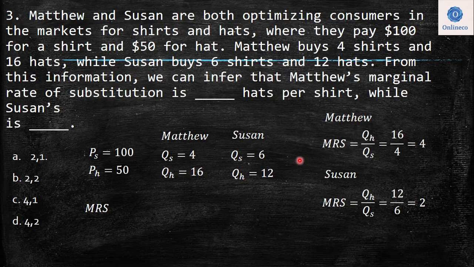Then we can represent the marginal rate of substitution, how you can change one object for another one. Remember that here it is hats per shirt, so we should have hats in the numerator and shirts in the denominator. So for Matthew we have 16 over 4, which gives 4.